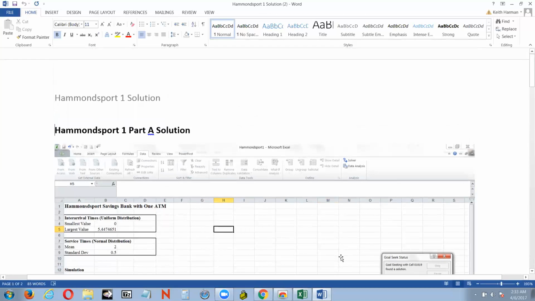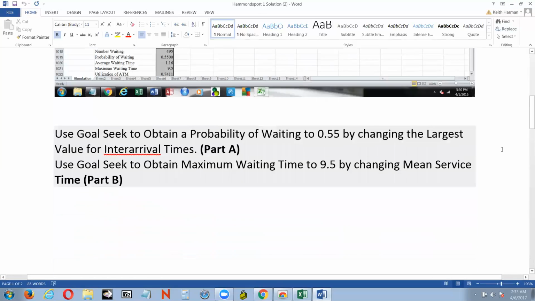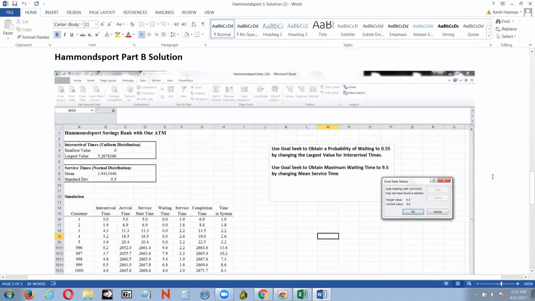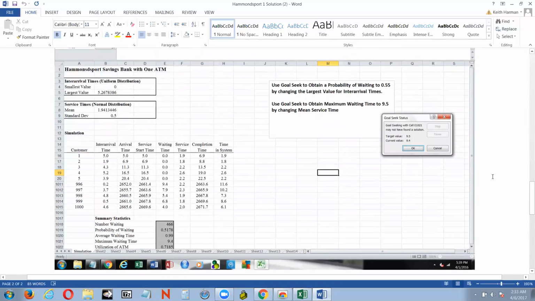You would need to use the goal seek and run several iterations of it to get that solution. And you can see from the screenshot, it becomes an issue where you just run the iterations, you continue to run, and you could go into the settings in Excel and increase the number of iterations if you care to do that. But typically it will run 100 iterations.